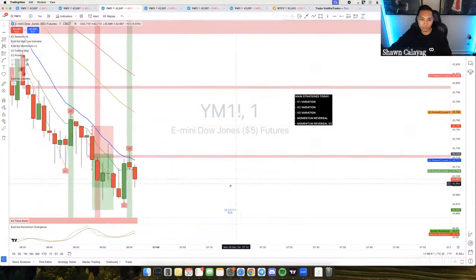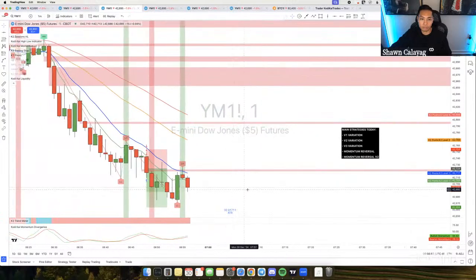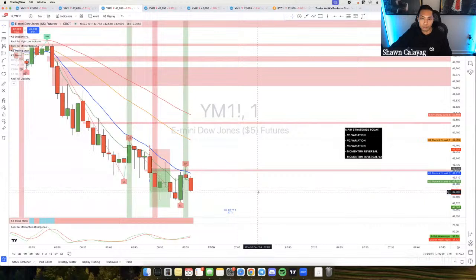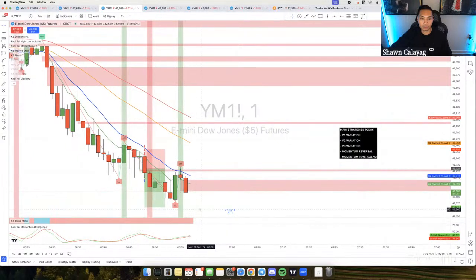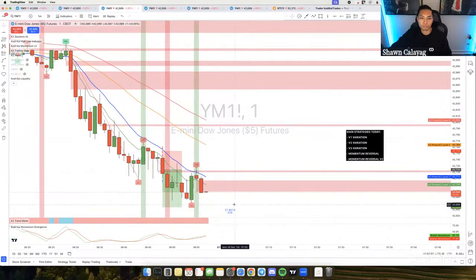All right, so I'll be looking for that inside candle here. If and when it comes up, we have a buy signal here, bearish trend meter, momentum divergence is kind of pushing up a little bit, but it's starting to swing back down. The volatility here is getting really, really low.